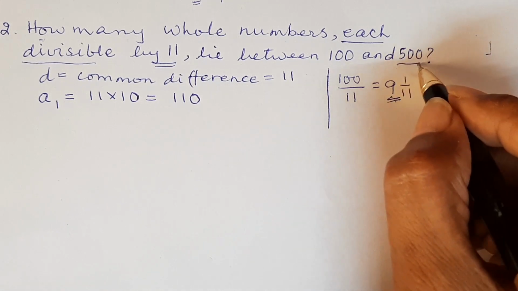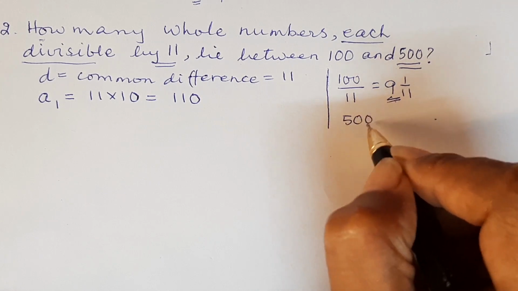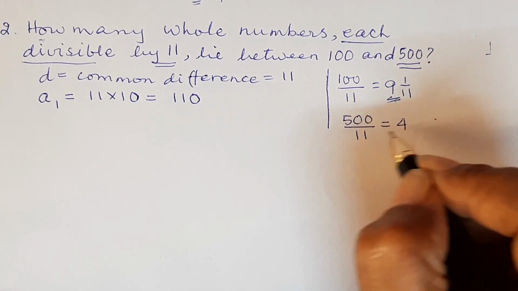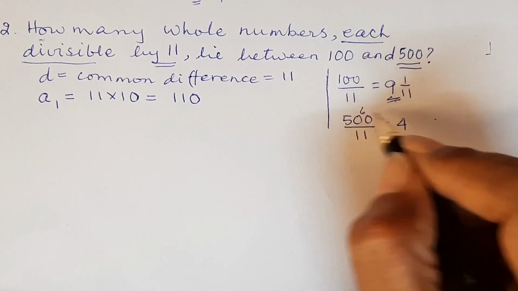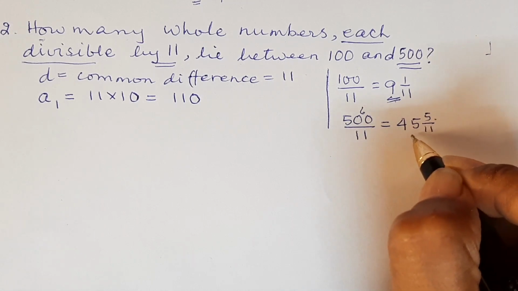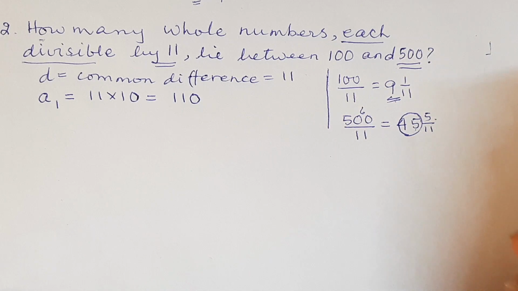And the last term should be less than 500, so we will show 500 upon 11. 11 4s are 44. 11 5s are 55 and 5 upon 11. So the 45th multiple is going to be less than 500.